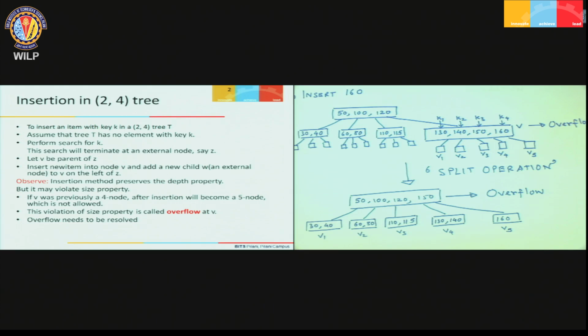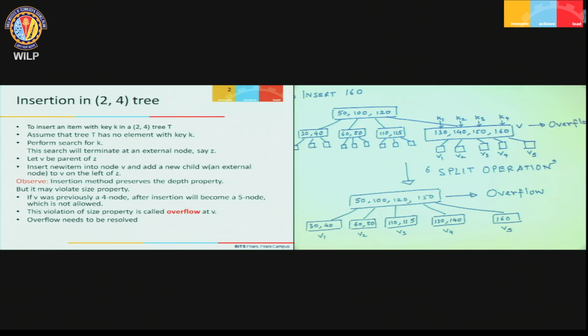Now, what we observe is that at V the size property is violated. In a 2,4 tree, you can store at most 3 elements at a node. In this case, at V, now we are storing 4 keys. This violates the size property of the 2,4 tree.